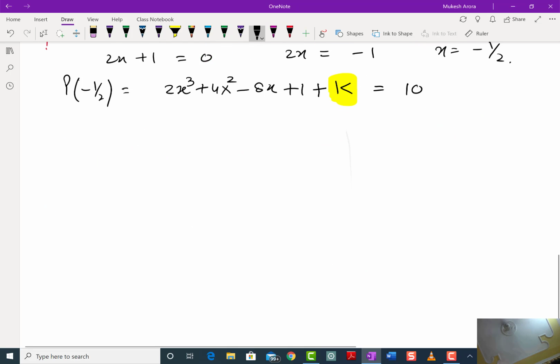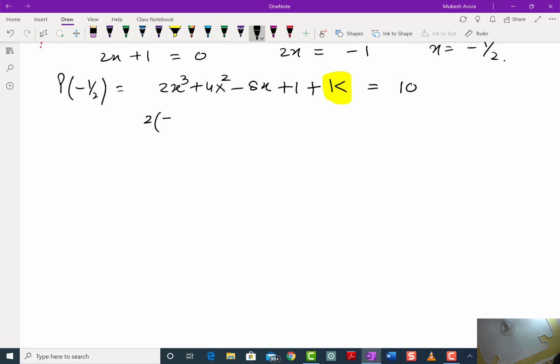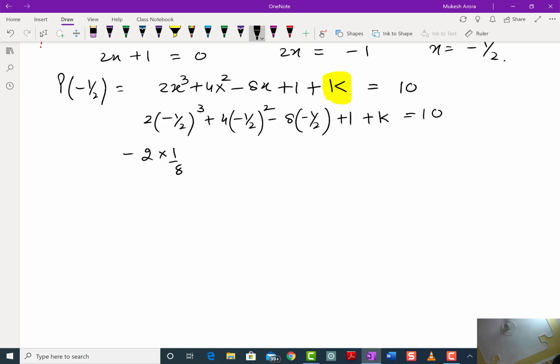So it will be 2 into minus 1 by 2 raised to the power 3 plus 4 into minus 1 by 2 raised to the power 2 minus 8 into minus 1 by 2 plus 1 plus k should be equal to 10. 2 into minus 1 by 8 plus 4 into 1 by 4 plus 8 by 2 plus 1 plus k should be equal to 10.